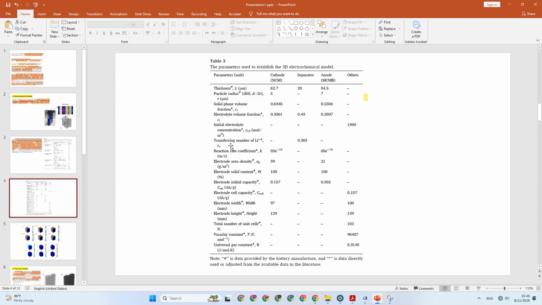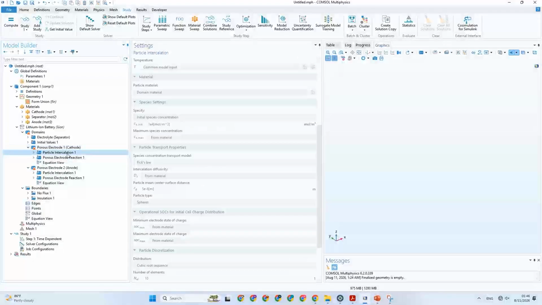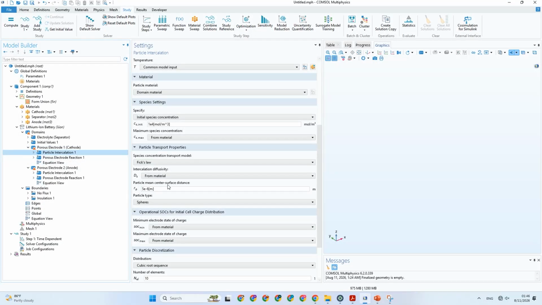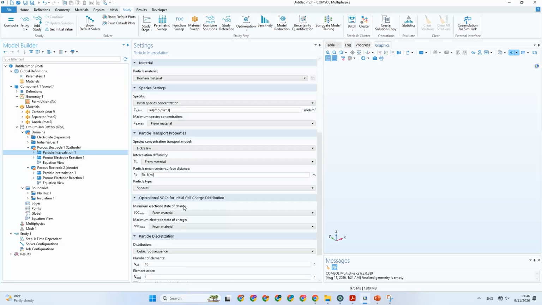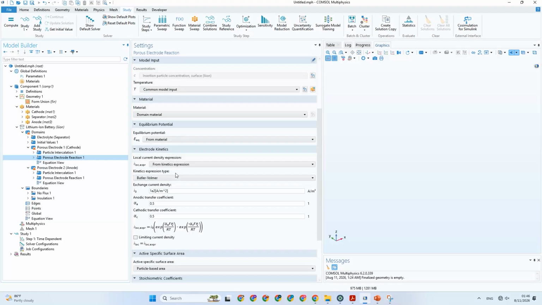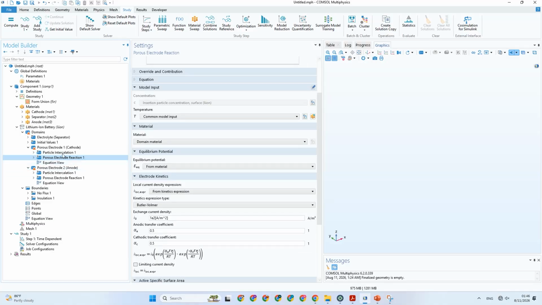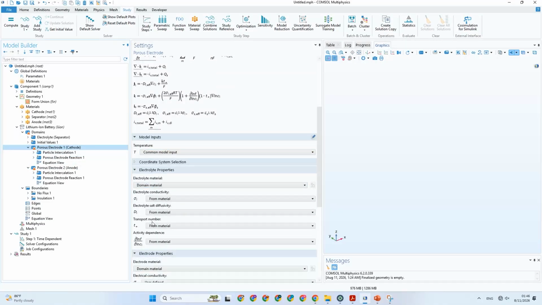Or transference number of lithium, T plus. Yes, T plus.